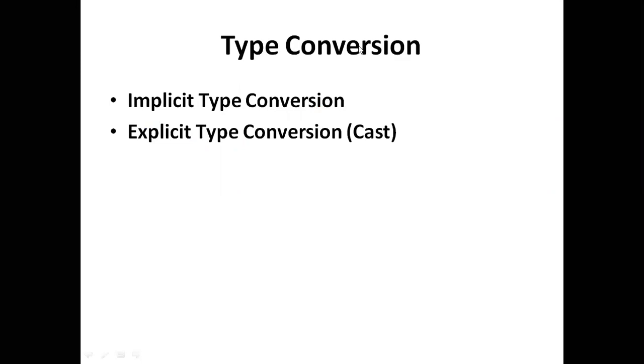Explicit type conversion means we need to remember one operator, the parentheses. Inside these parentheses, we indicate the target type to which we want to convert.